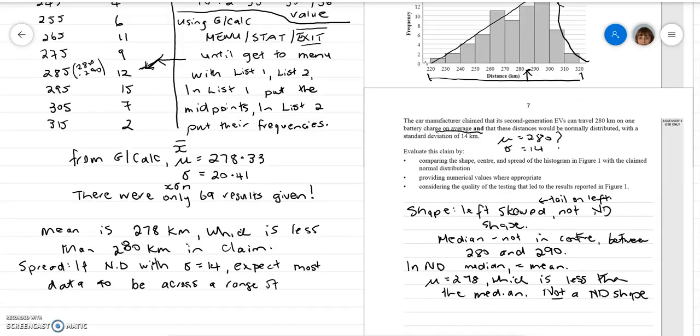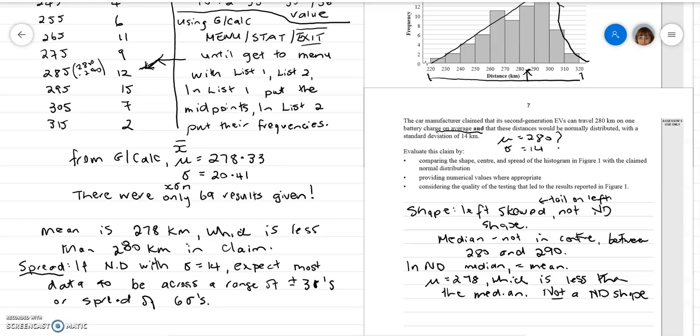Okay, so a final comment on spread. If it had been a normal distribution with a standard deviation of 14, we would expect, because 99% of values in a normal distribution lie within plus or minus 3 standard deviations, a spread of 6 standard deviations.